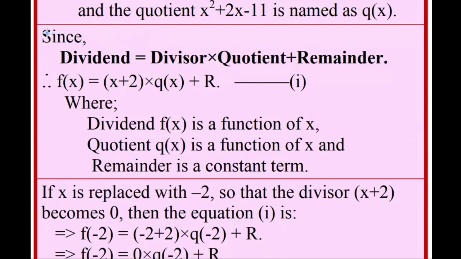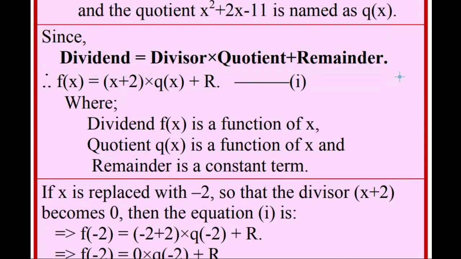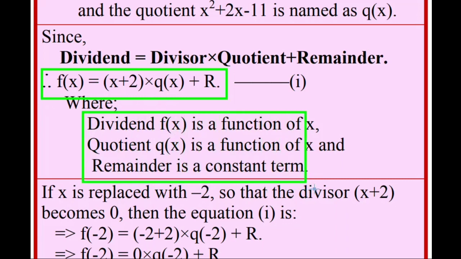And since we know that dividend equal to divisor into quotient plus remainder, hence we can write f(x) is equal to (x plus 2) multiplied by q(x) plus r, where f(x) is dividend, q(x) is quotient, and remainder is r, which is a constant term.